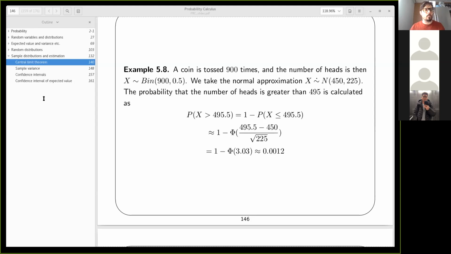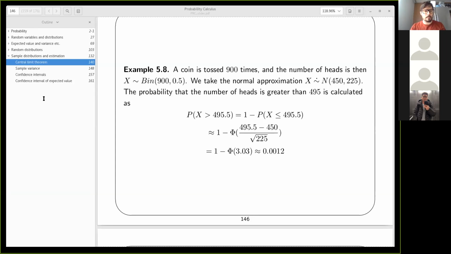So this is what I'm actually doing. I'm calculating the average of this. These x1s are the coin tosses. So we have 900 coin tosses. The coin toss average is 0.5, isn't it?